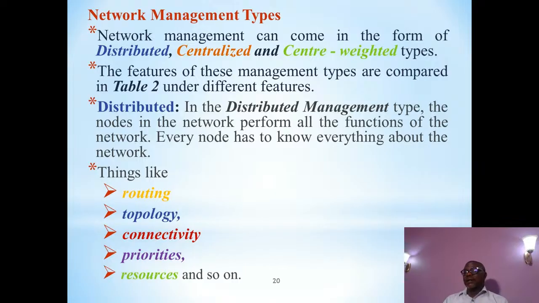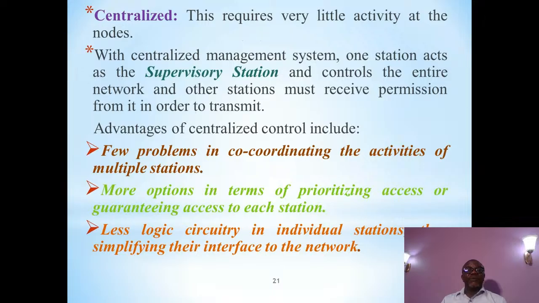That is why when you want to go and buy antivirus software, you'll start looking at, say, 5 user, 10 user, 20 user, because in each of these nodes, the software has to be resident, which increases cost. Now, we have the centralized type. So this requires very little activity at the nodes.